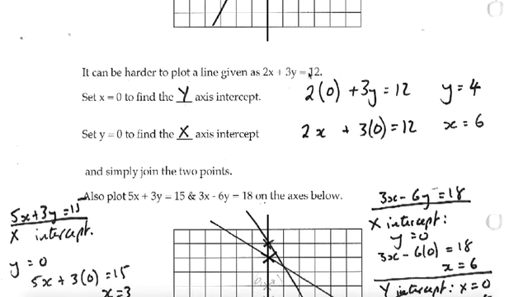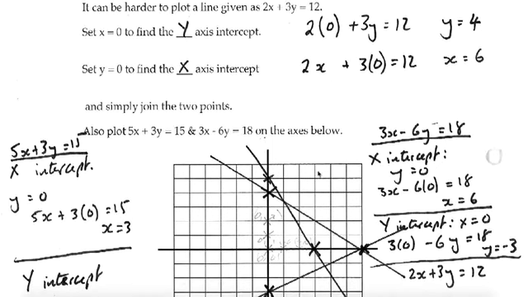So if I take that equation and put x is 0, 2 times 0 plus 3 times whatever the y must be, must give me 12. So by solving that equation, I can tell that the y value must be 4 when the x value is 0. So 0, 1, 2, 3, 4. I know that that line must cross the y-axis there.